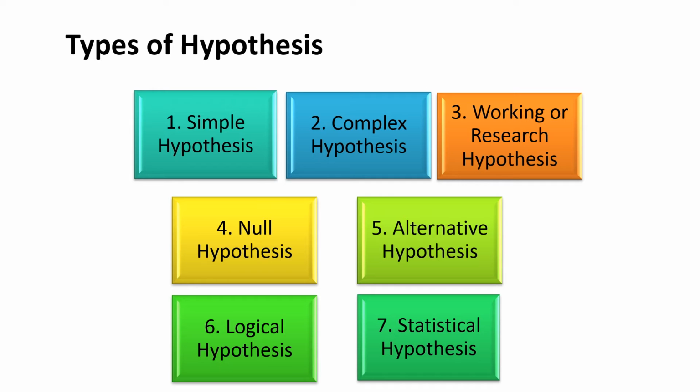Thereafter, next point is null hypothesis. It is a hypothesis that expresses no relationship between variables. For example, poverty has nothing to do with the rate of crime in a society.